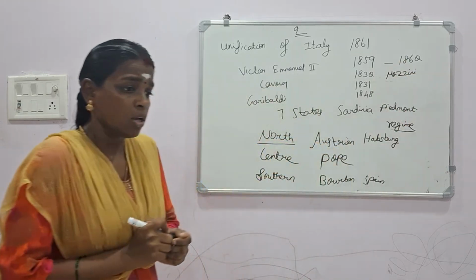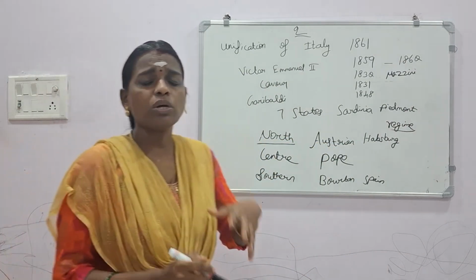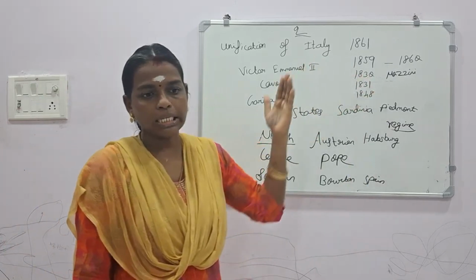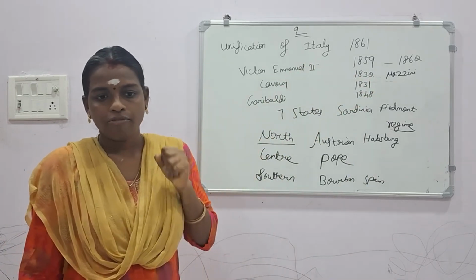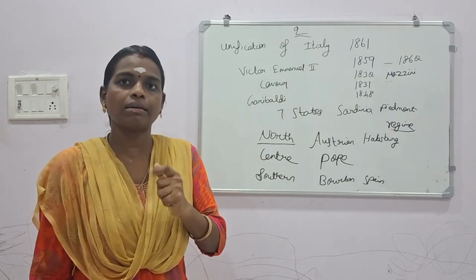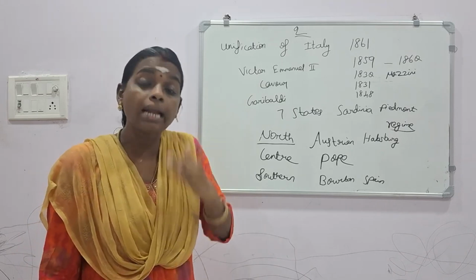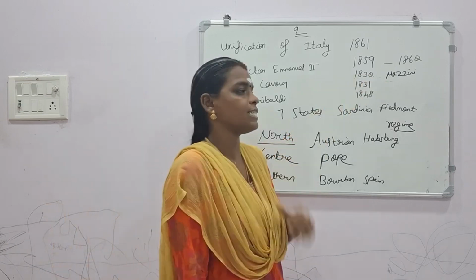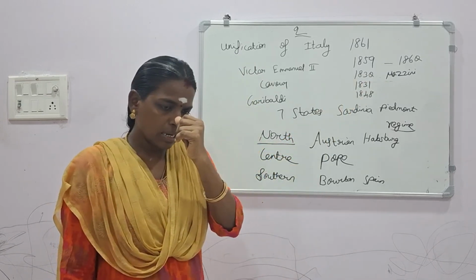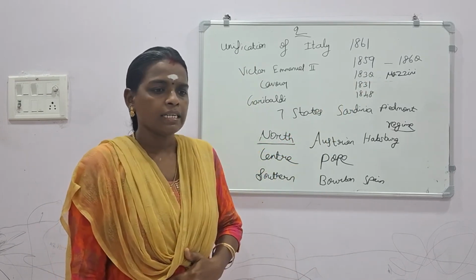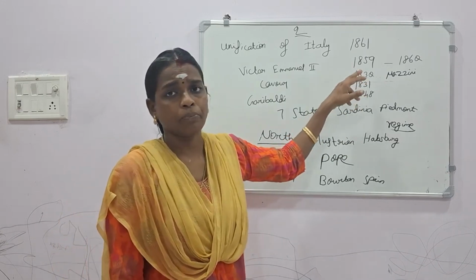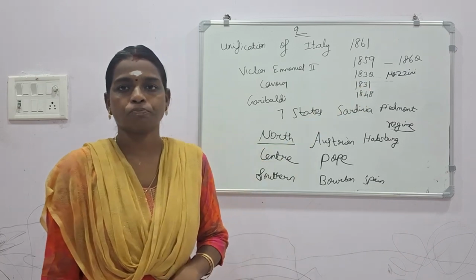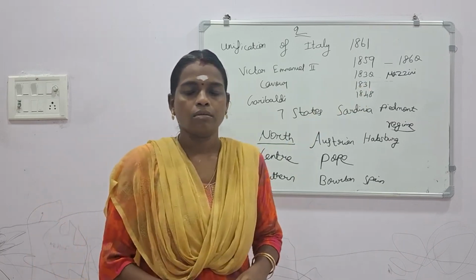Giuseppe Mazzini started a revolt against the government for the formation of Italy. He started the revolt for making one country of Italy, for making the nation state of Italy, in 1830. And in the year 1831 and in the year 1848, he did a revolt against the government.